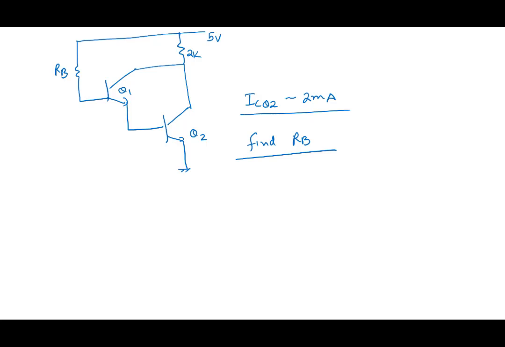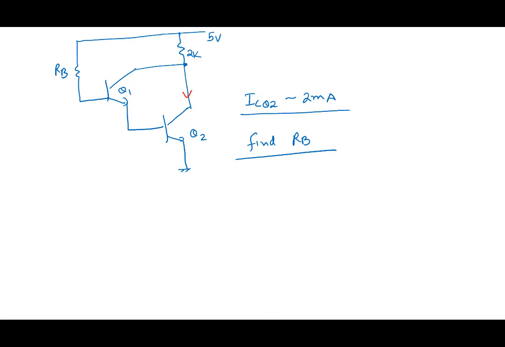Find RB. Note the first thing that you can do is very quickly, if it is 2 milliamperes, what is the value of this voltage? ICQ is 2 milliamperes. Okay, before you jump in, ICQ2.